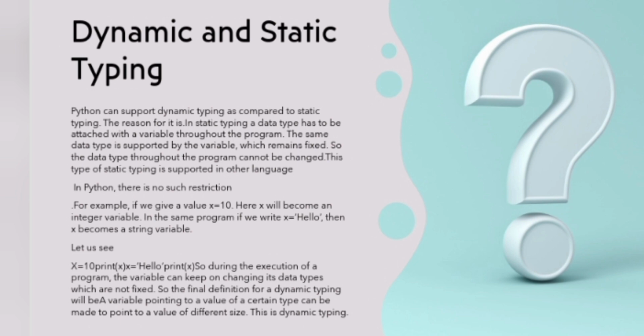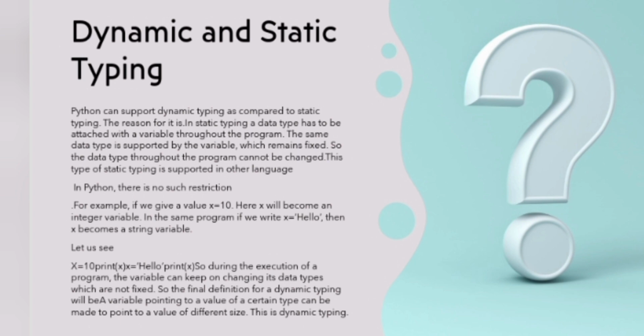So what happens in Python? Since Python has dynamic typing, if I am giving A is equal to 5, currently Python will consider yes, A is an integer data type. But later on in the same program, if I write A is equal to inverted commas, maybe my name, then what will happen? It will automatically accept it.